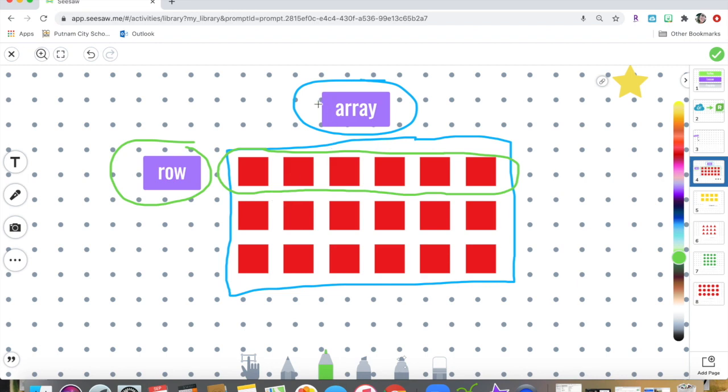So in this particular array, how many rows are there? 1, 2, 3. So what do we know about this array? We know that it has 3 rows.